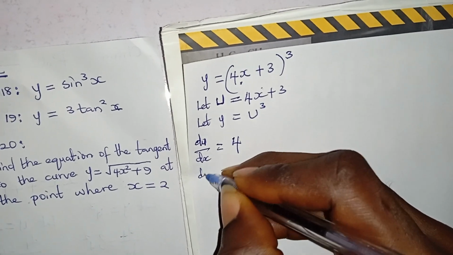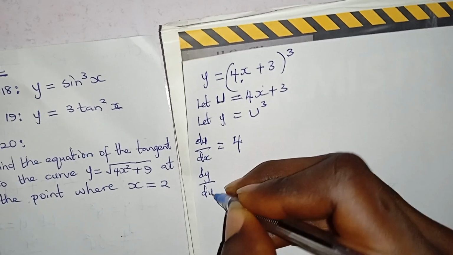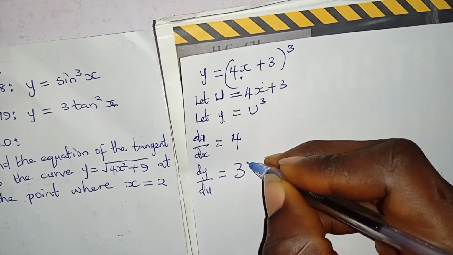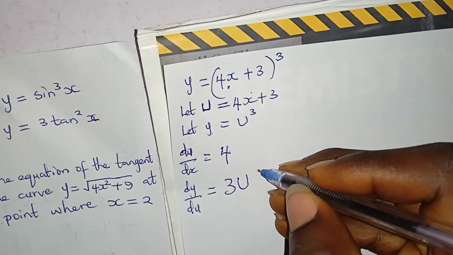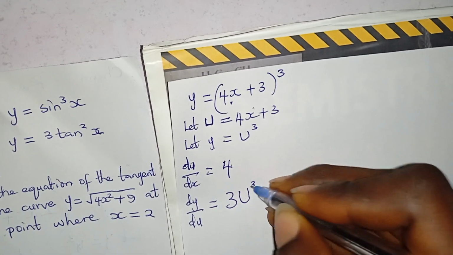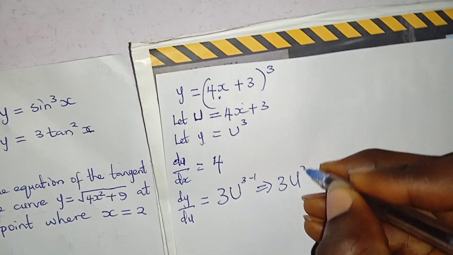Now for dy/du, 3 comes in front. I taught you power rule, go and check my video on power rule. Now subtract 1 from the power, so that I have 3u squared.